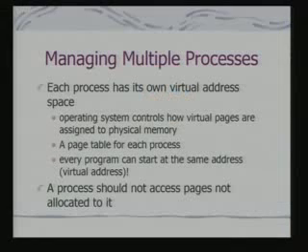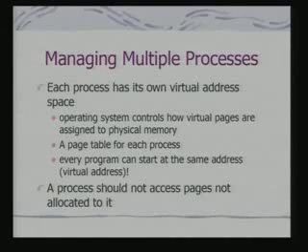So when there are multiple processes, what happens with this page table? I have already told you that each process has its own virtual address space. An operating system controls how virtual pages are assigned to physical memory. So the simplest way to implement this is that each process will have its own page table.